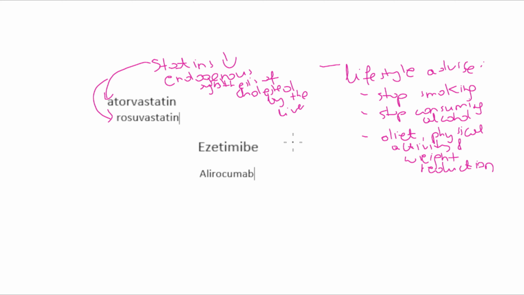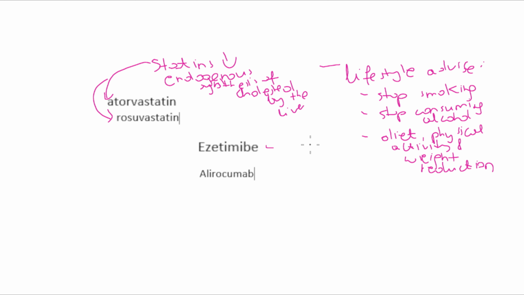If a patient develops side effects or they do not meet the cholesterol reduction target, then we prescribe ezetimibe.